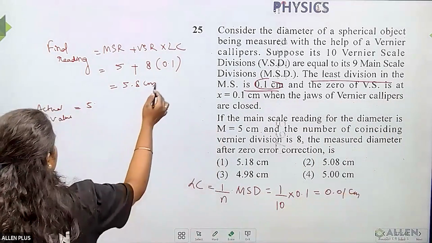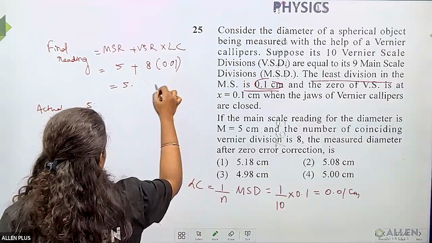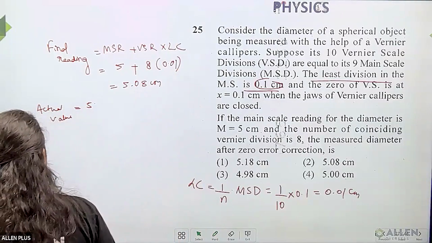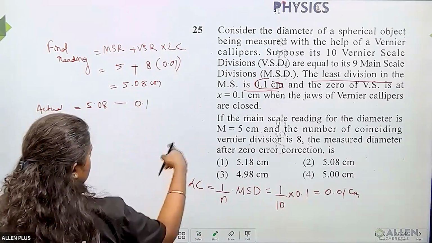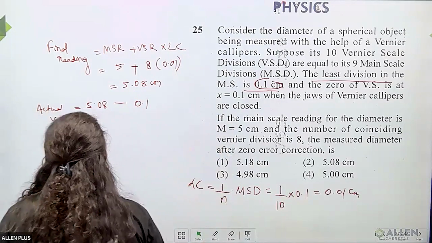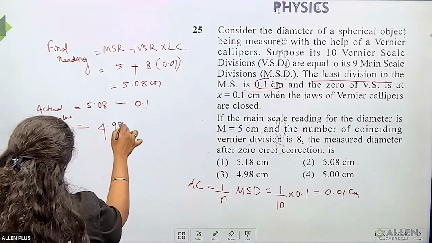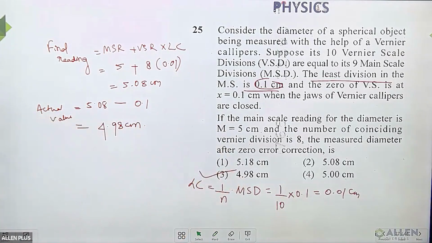So the reading is 5.08 centimeter. The actual value will be 5.08 minus 0.1, since 0.1 is the 0 error over here. This will give you 4.98 centimeter to be the actual answer. 4.98 is the final answer.